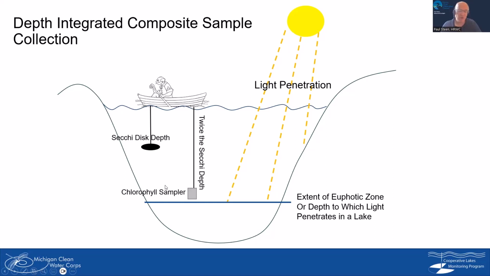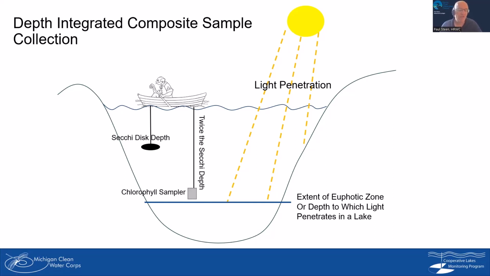And the reason for that is because light penetrates twice the Secchi disk depth. And so all of this portion of the water column, that whole 20 feet, is called the photic zone. That's the zone of the lake in which you have light, and that is where algae will be growing.